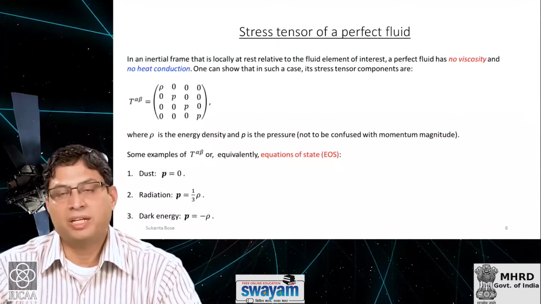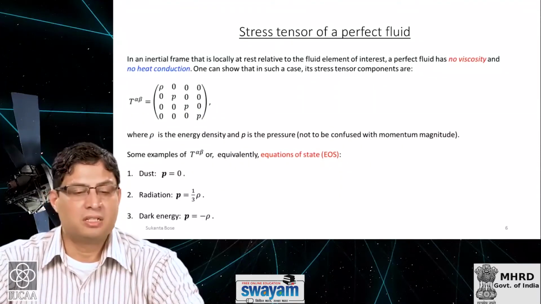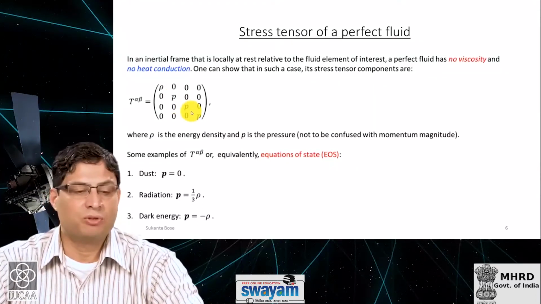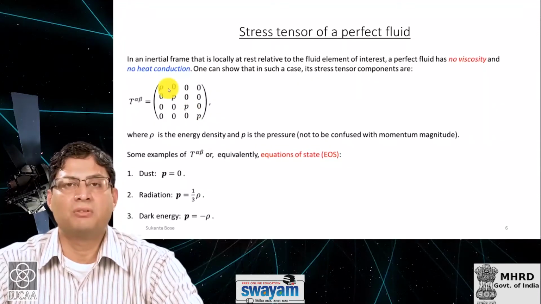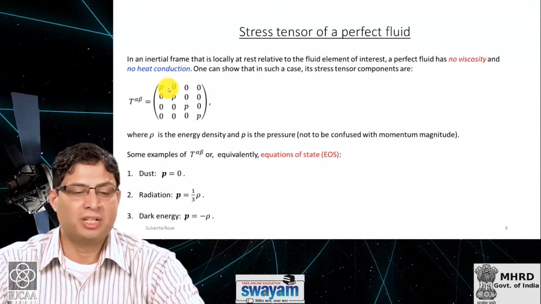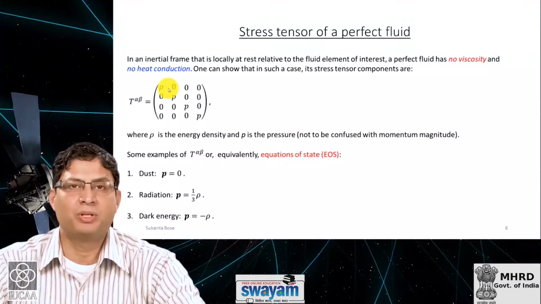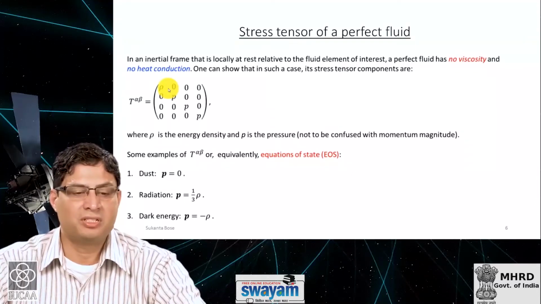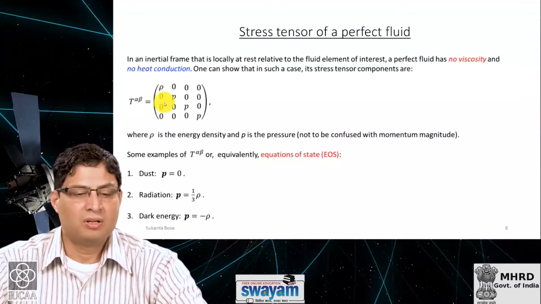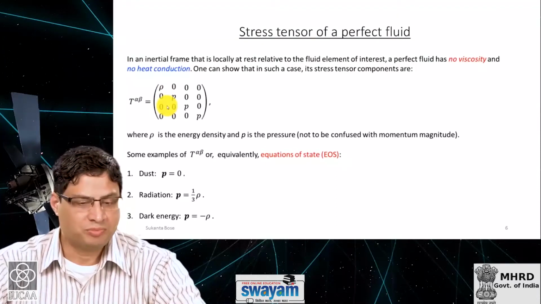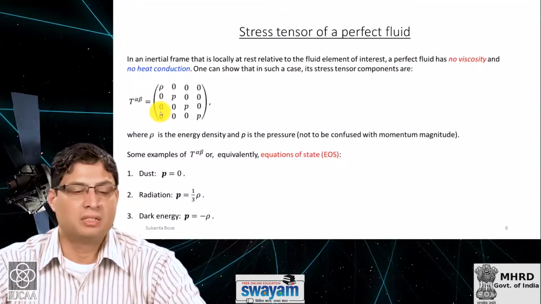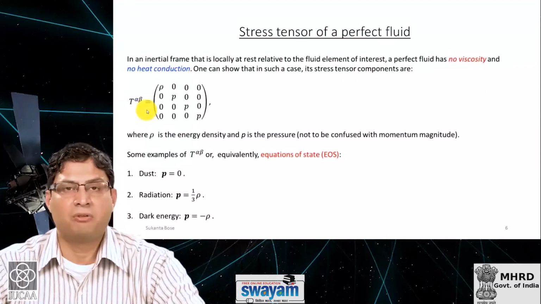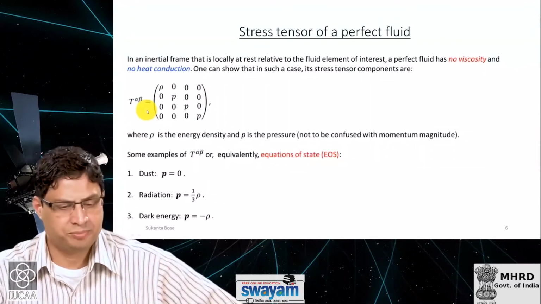So, the equation of state of dust is P is equal to 0. Of course, you cannot have energy density equal to 0, because in that case you will have a trivial situation where your fluid has no energy density nor pressure, which actually is the case for vacuum. So, vacuum has all of the components of T alpha beta equal to 0 identically in any frame.